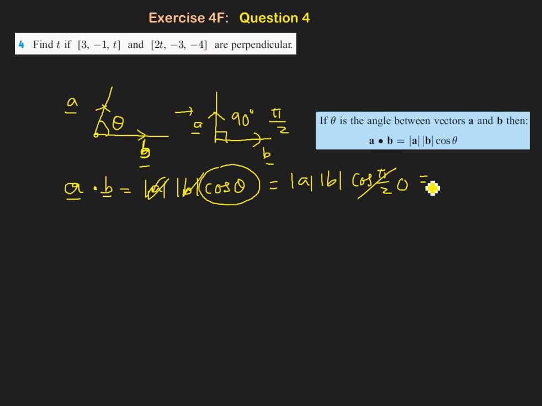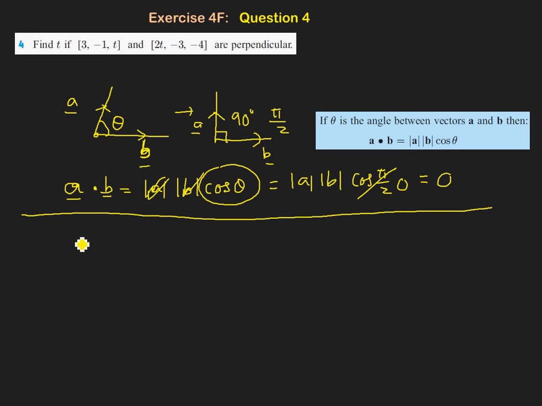And so this is equal to 0. So this gives us an idea to resolve this problem by using this. This is how we start. We know now that if the two vectors are perpendicular, then the dot product of these two vectors is 0.